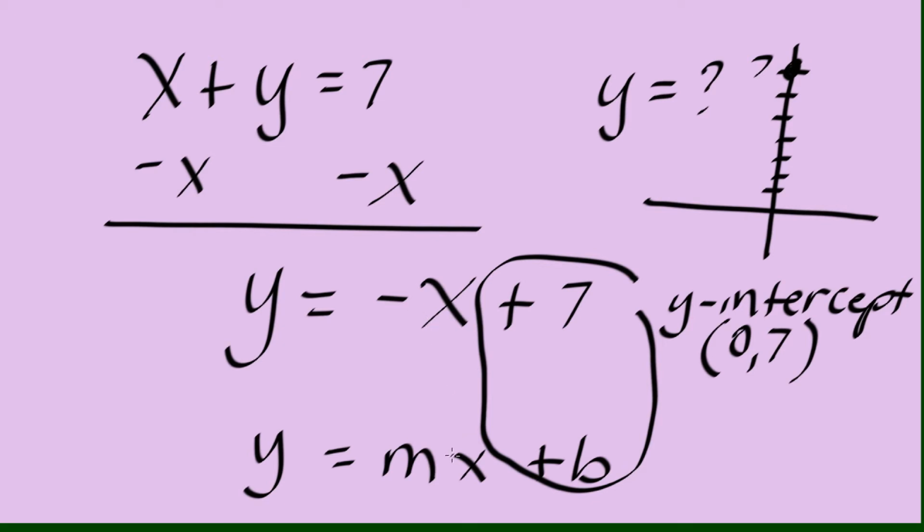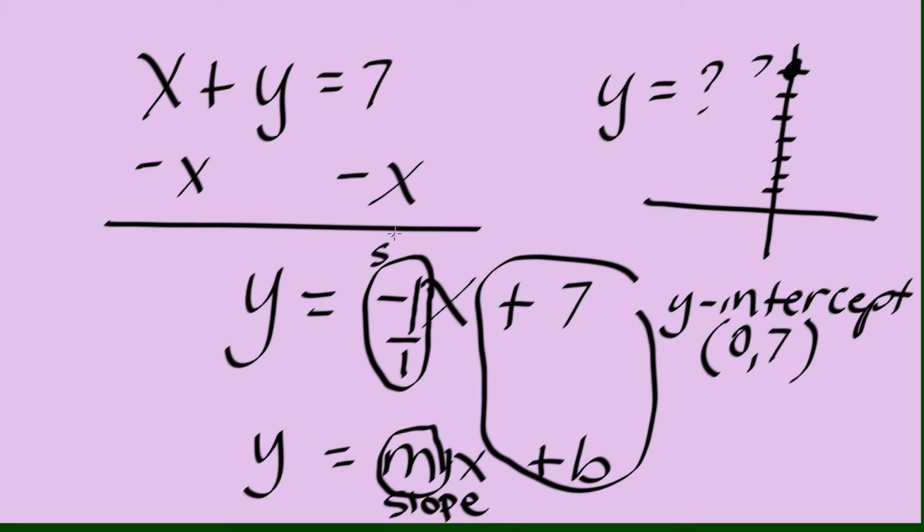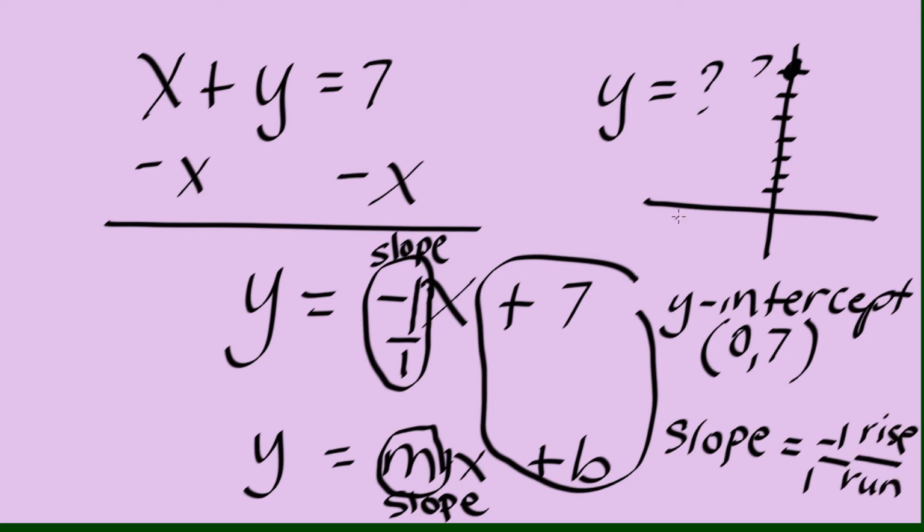And the number before x is your slope. So that's the slope. The number here is understood to be negative 1, which is negative 1 over 1. All right, so that's our slope. And we're going to be using rise over run as our guide to determine that second point, okay?